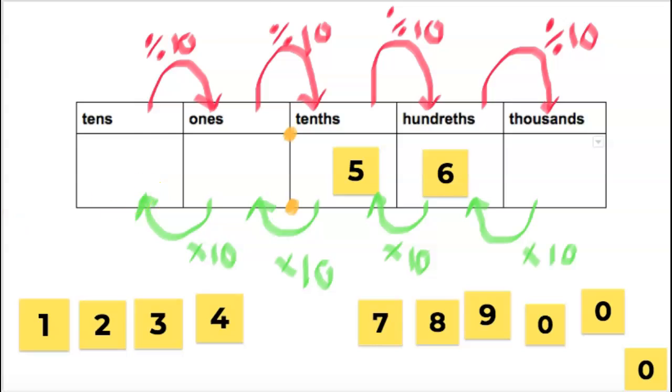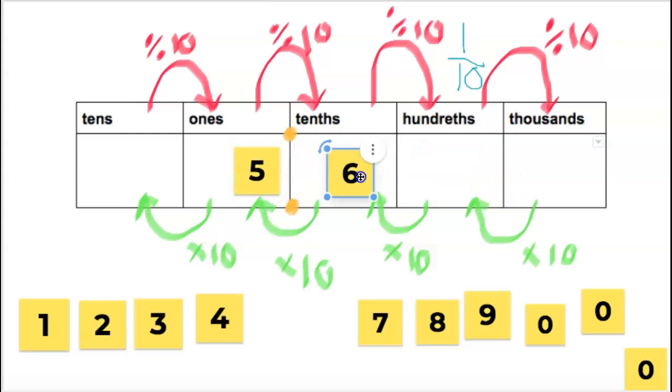Now there's something really important here that we need to remember. You need to remember that dividing by 10 is the same thing as finding 1/10 of a number. So there's two ways to say this. So let's move our number back. I could say that 56 divided by 10, we move it all one place over, is 56 hundredths.